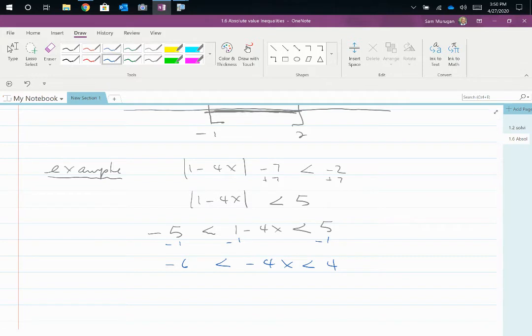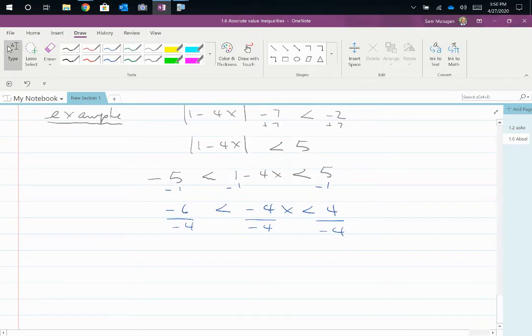Now we want to go ahead and divide by -4. And that flips the inequality around, because we have x and -1.